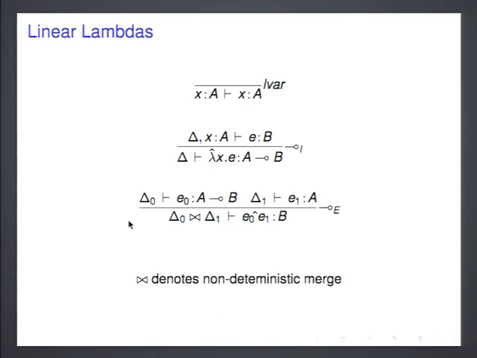And now for linear application, you have two contexts, and you merge them together. So if you read from top to bottom, this is a non-deterministic merge, right? And what makes this interesting for typing is if you're going from bottom to top, you have a non-deterministic split.